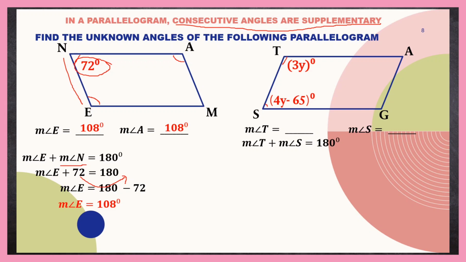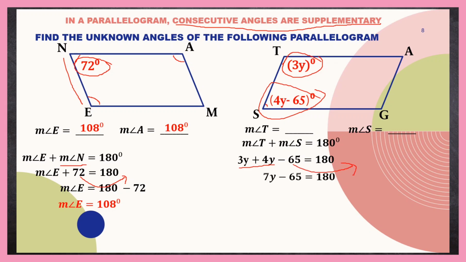So we write the measure of angle T plus the measure of angle S is equal to 180 degrees. Then we will substitute 3y and 4y minus 65, and then combine like terms. We will combine 3y plus 4y. Then we will transpose 65 to the right side of the equation.